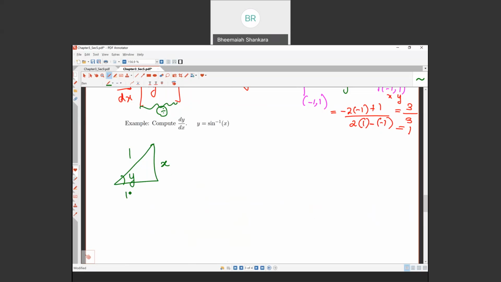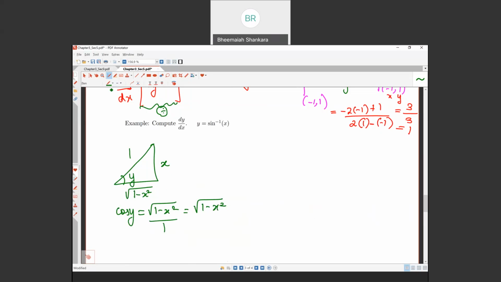Using the Pythagoras theorem, I can write this as square root of 1 minus x squared. So now I want to figure out the cosine function from this, because you will see a cosine function when you start deriving the problem. Cosine will be adjacent, which is square root of 1 minus x squared, by the hypotenuse 1. So it is square root of 1 minus x squared.